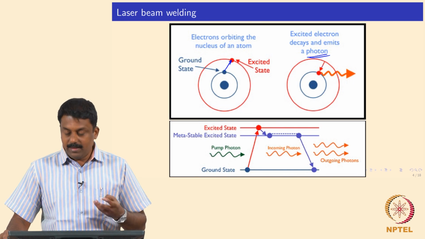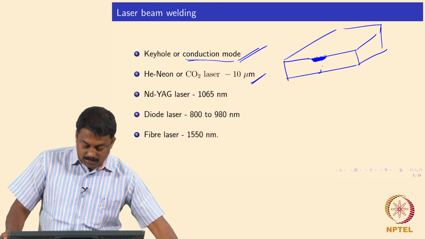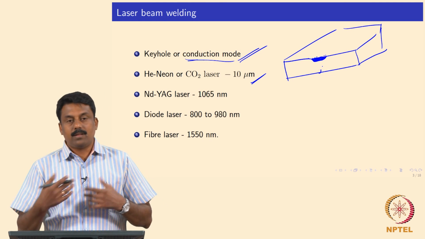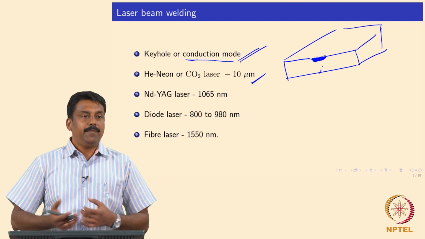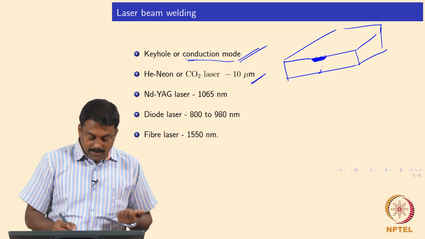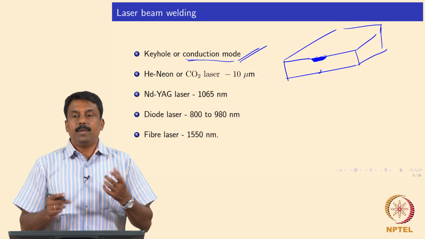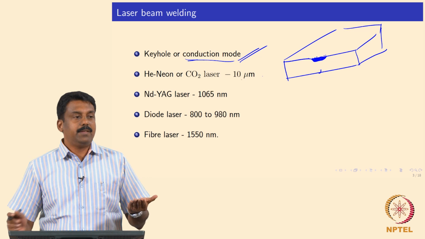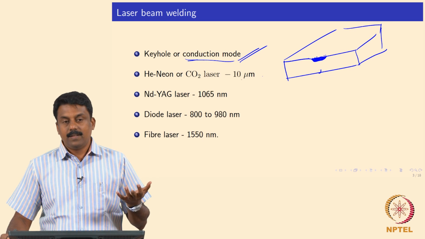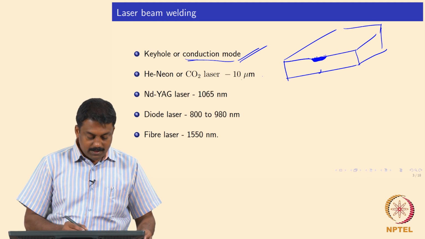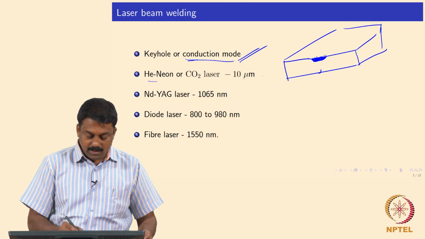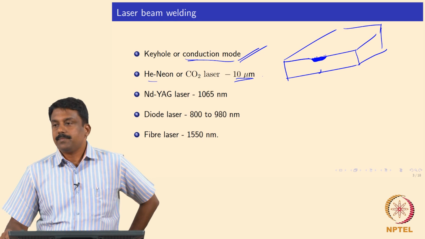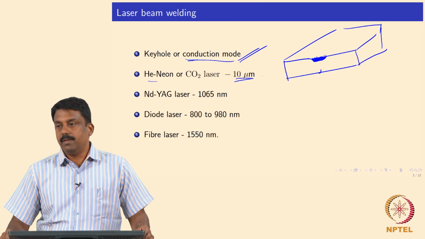So the lasing medium, the exciting medium, can be gas or solid or even fiber. If you use gas, the wavelength will be determined by the energy gap between the ground state and excited state. For example, a CO2 laser generates a wavelength of 10 microns.